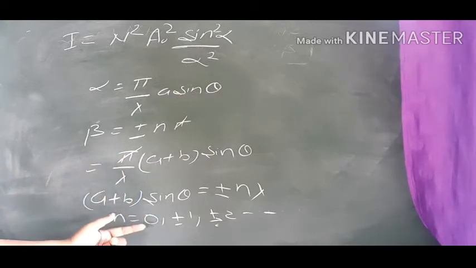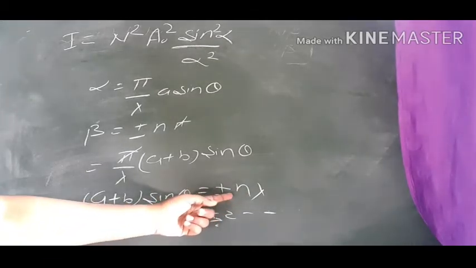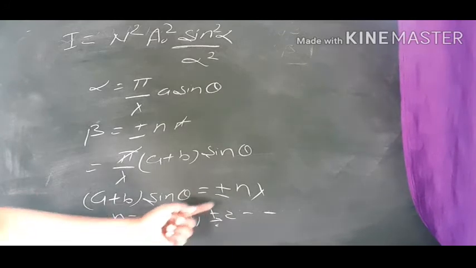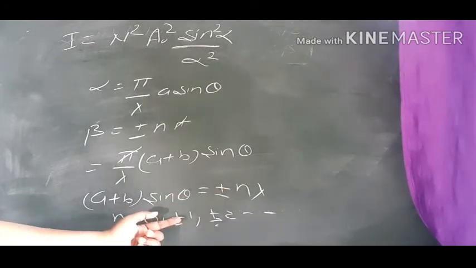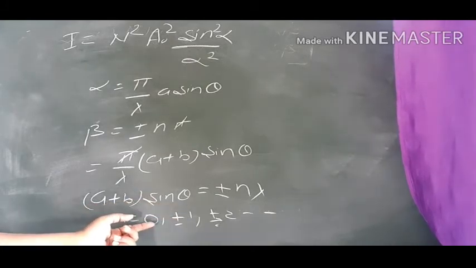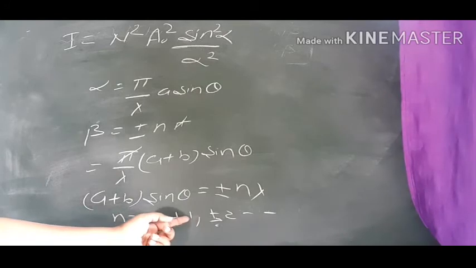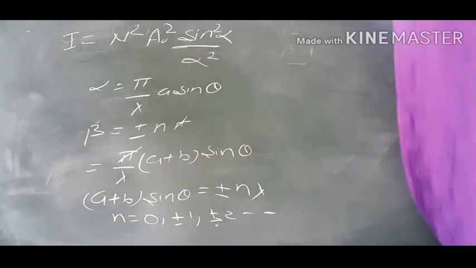And after that, if we put n equal to plus minus 1, it gives the value of the first principal maxima. This will give the first principal maxima, second principal maxima, and so on.